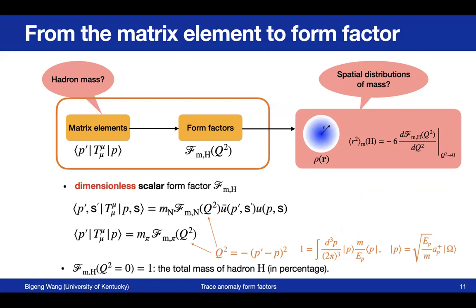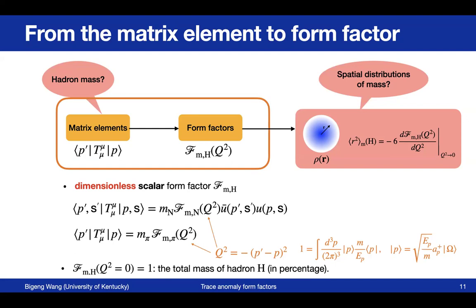First of all, we need to find out the relationship between the matrix element and form factors. The trace of the energy momentum tensor is a Lorentz scalar. So we define accordingly a dimensionless scalar form factor and have such a relationship between the matrix element and the form factor we would like to calculate.